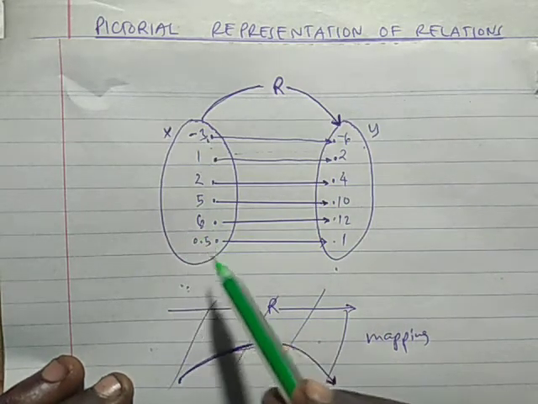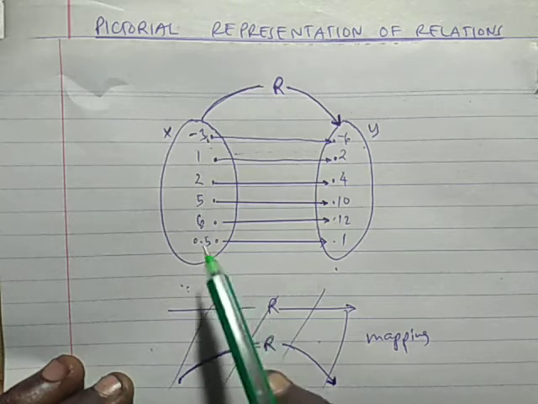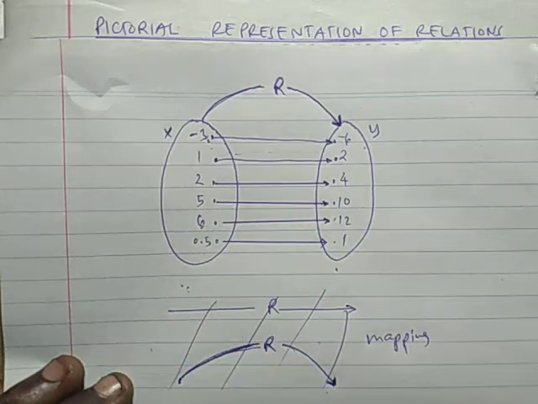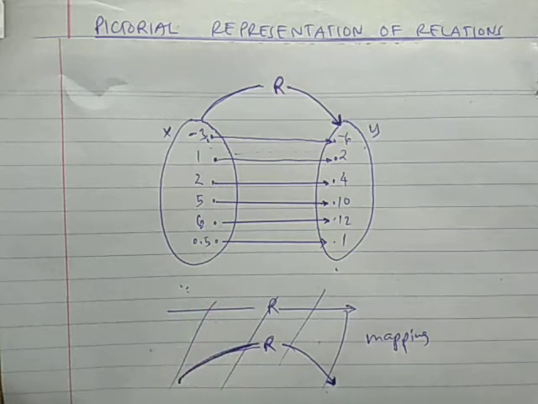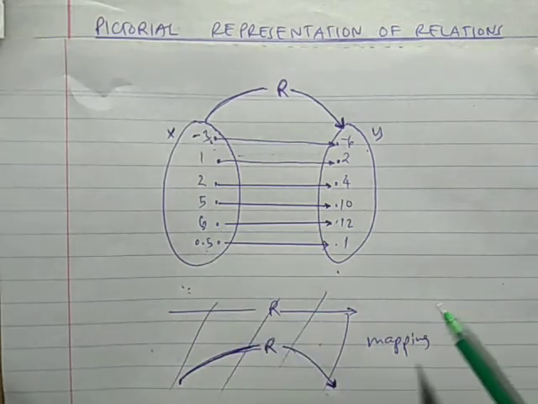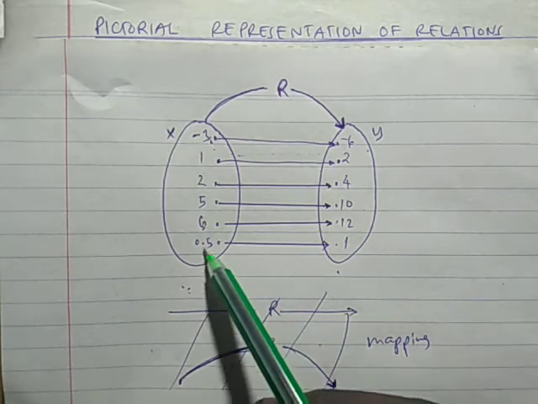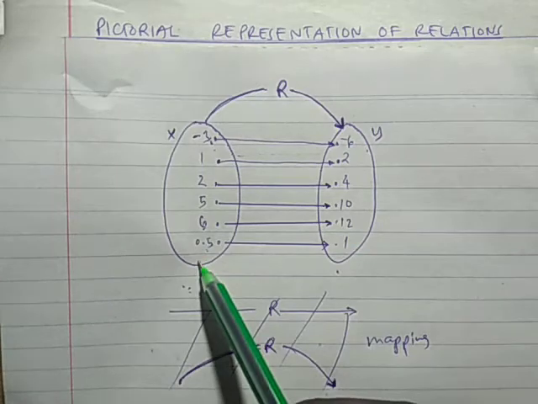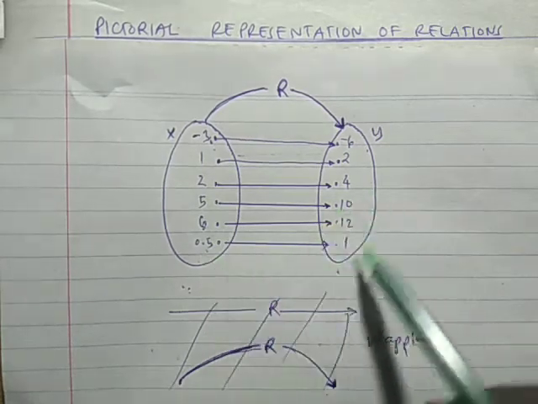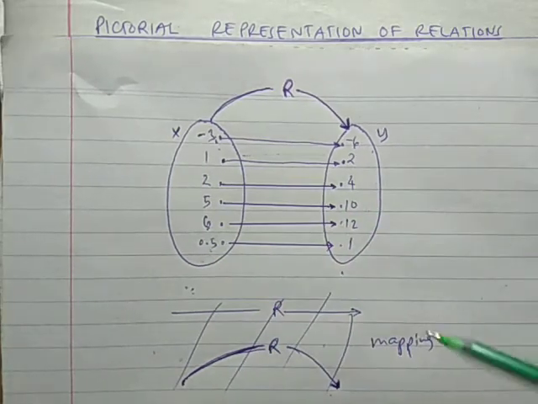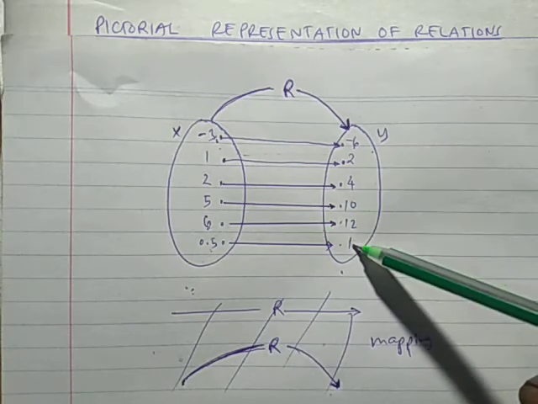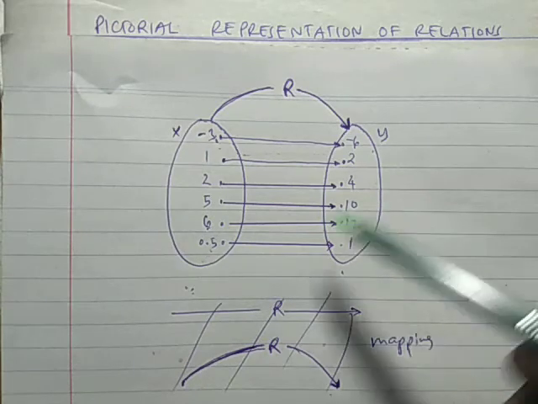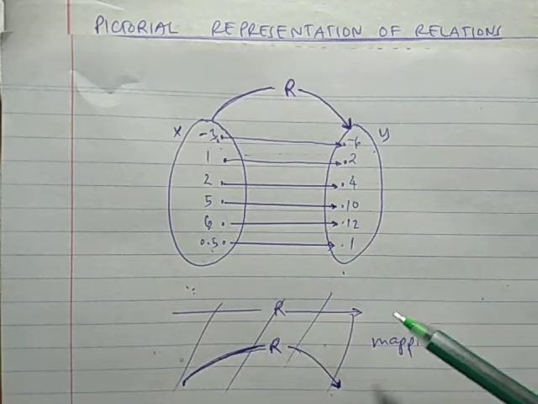The set from which we take the members and map them to another set, we call it the domain. It is the set of numbers or people or letters from which we take members and map. We are mapping the elements of this set to this set. This set is called the domain. The elements of the first set are mapped onto this set, and this set is called the range. So here we have the domain and here we have the range.